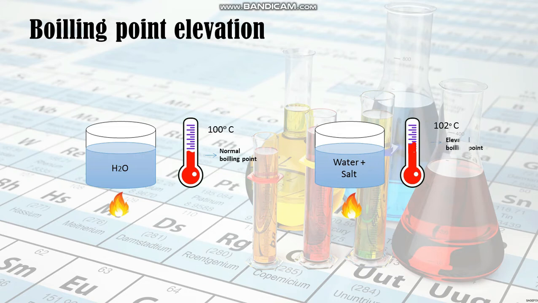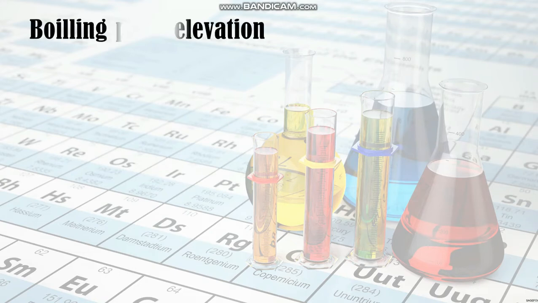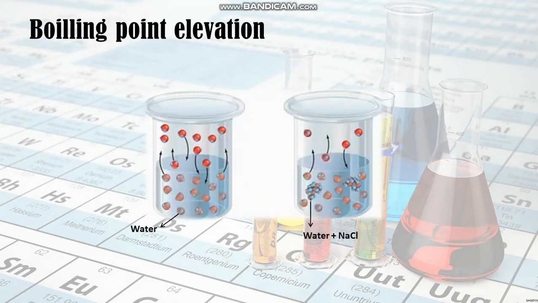Now you might be wondering, okay, how does salt make the boiling point of the solution go up? So let's use sodium chloride as an example. In sodium chloride, we have sodium ion and chloride ion. The presence of these solute particles makes it more difficult for water molecules to escape into the gas phase.